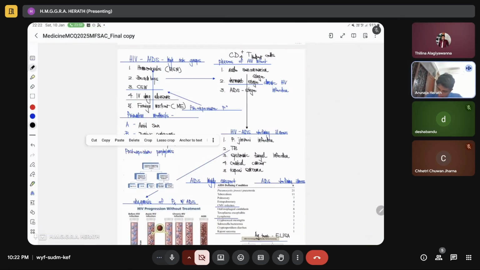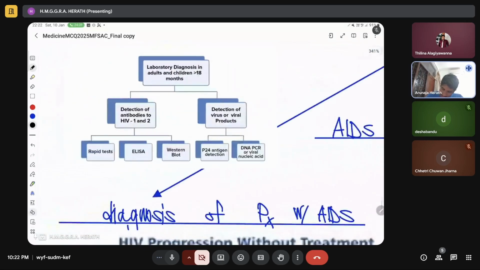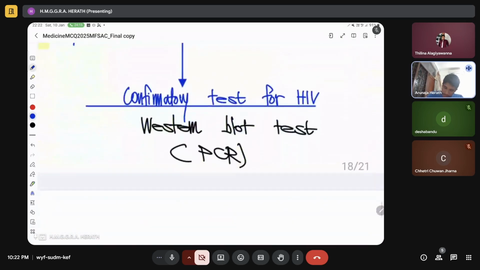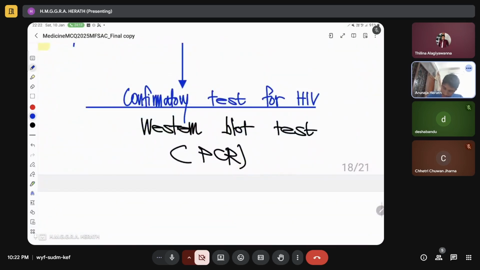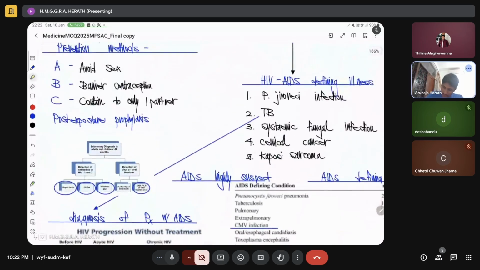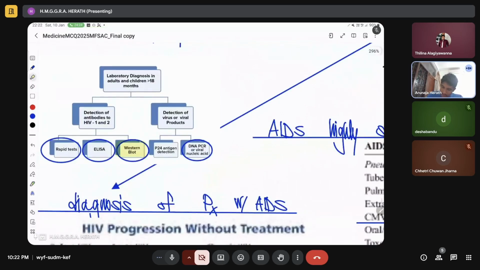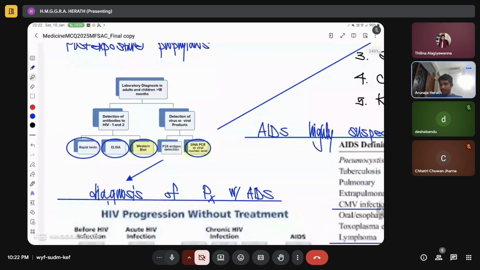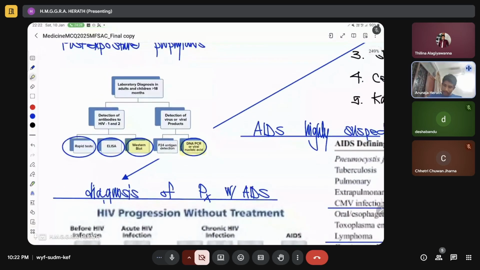So these are the HIV tests. ELISA is a screening test. Rapid tests are also screening. But Western blot is confirmatory. You can use the other ones like PCR also for confirmatory tests. PCR and Western blot are two different things. Remember, Western blot is confirmatory and PCR is also confirmatory. Other ones are just for screening.